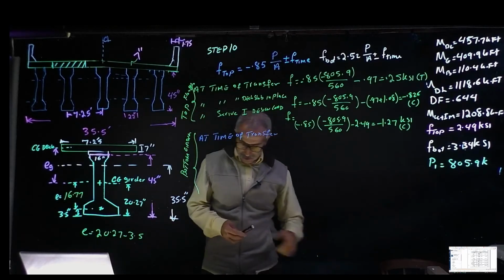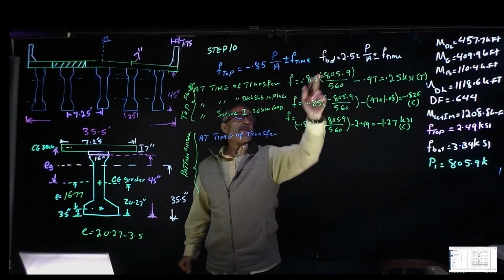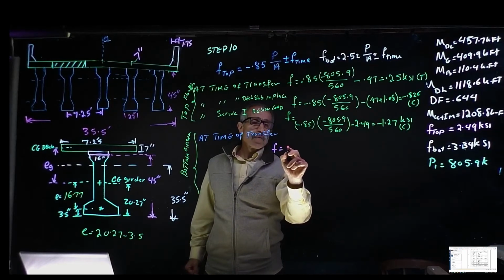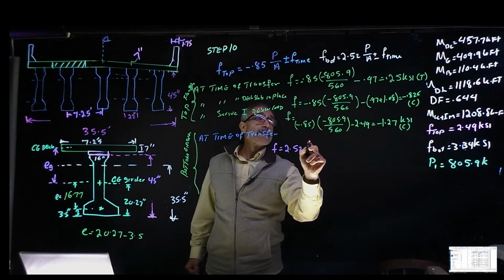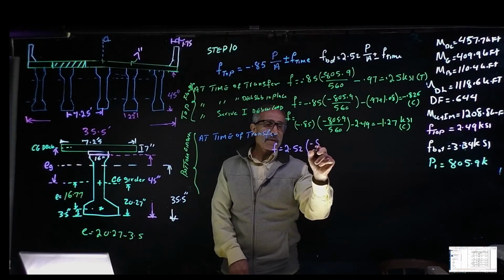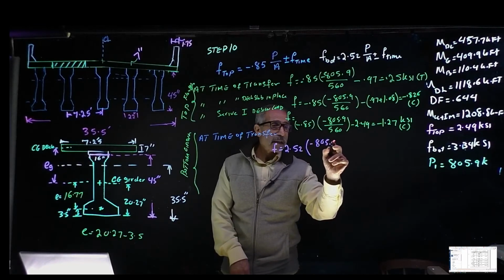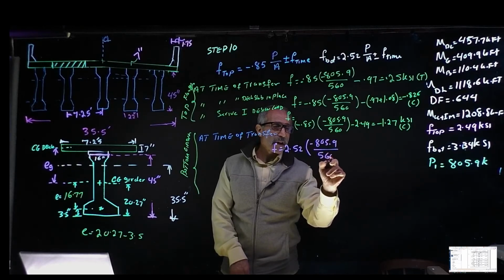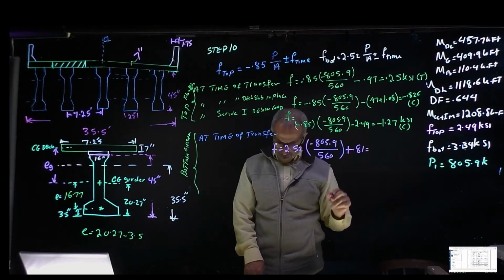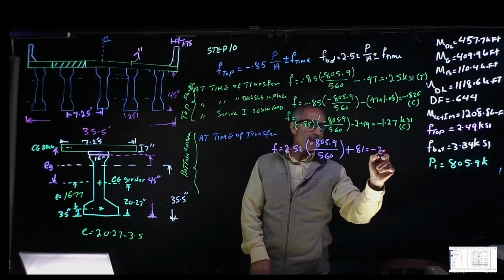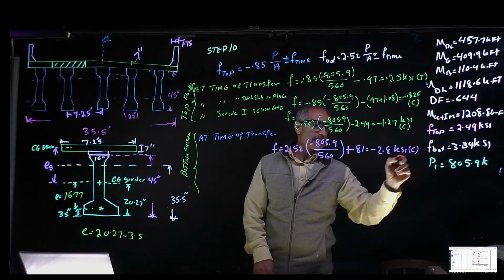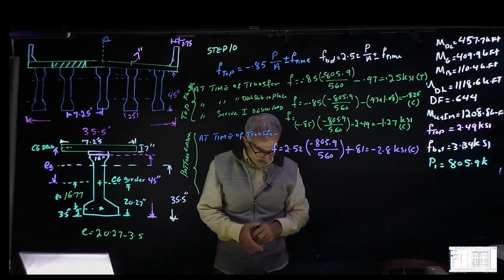So that's going to be basically that equation there. So F is equal 2.52 times P was negative 805.9 divided by 560 and plus 0.81. And that gave us minus 2.8 KSI. That's in compression.